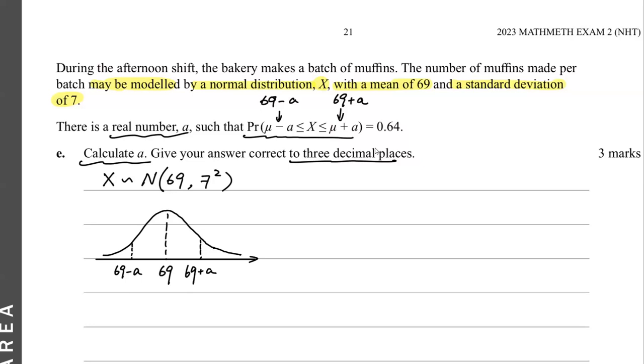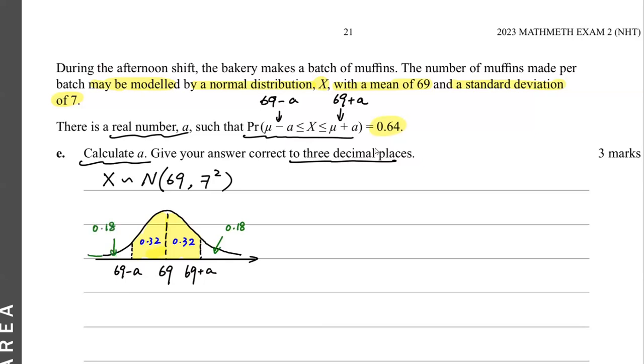In the middle, we have the probability or area under this normal curve, 0.64. Then each side, according to symmetry, 0.32, okay? And 0.32. So this side, I'll use another color. That will be 0.18 and 0.18, okay?